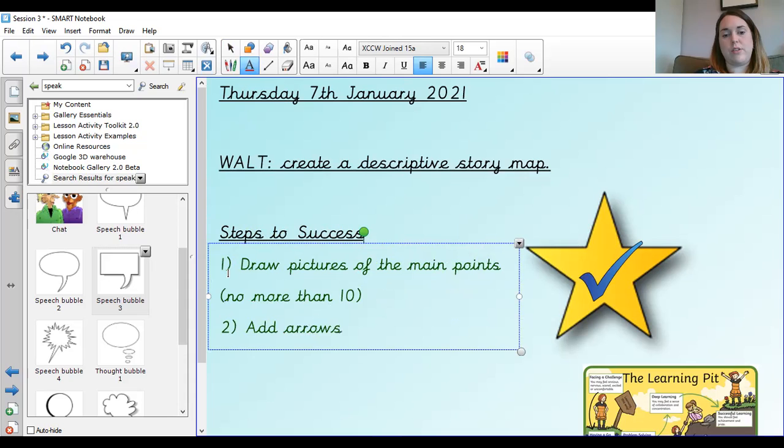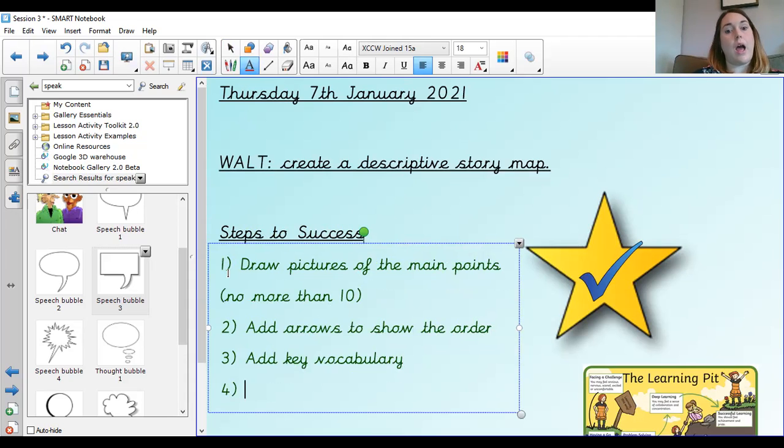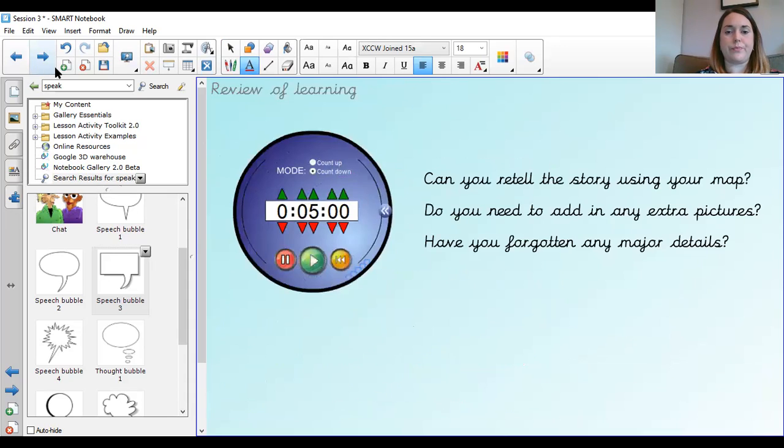Add arrows to show the order. Add key vocabulary. And punctuation if you'd like to add some. And then if you'd like to go deeper, you need to describe characters or setting. Okay, those are your steps to success for today.